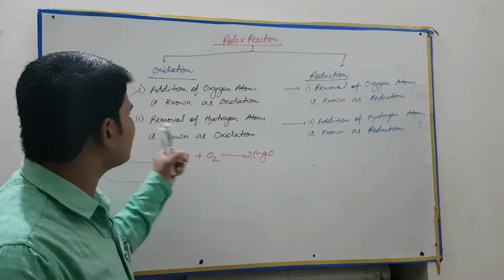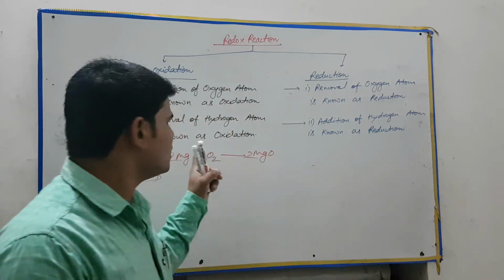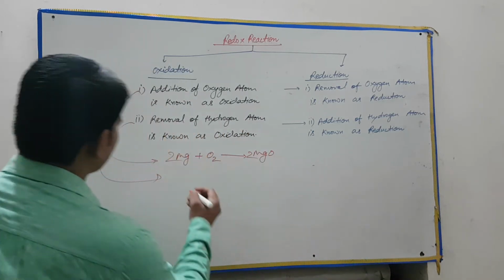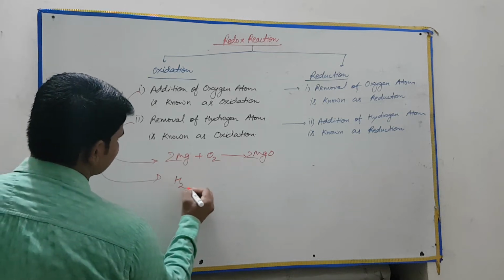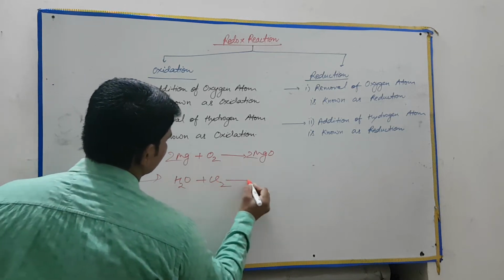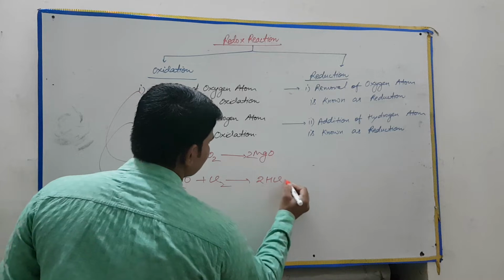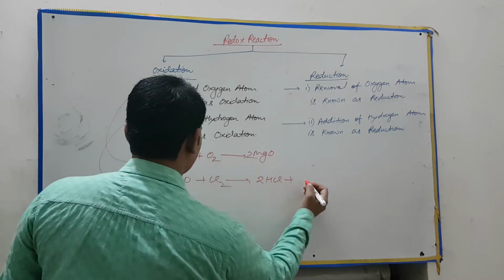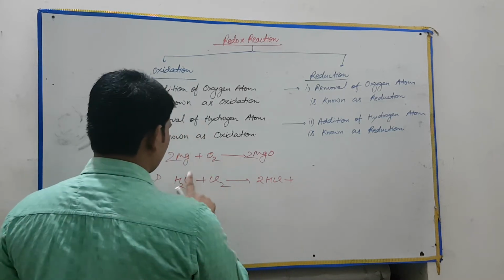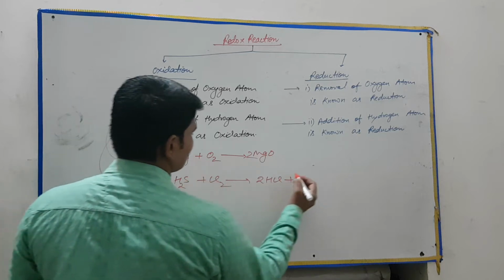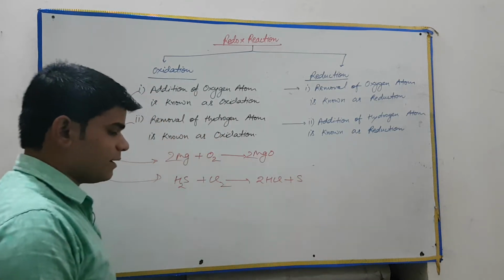Another point is that removal of hydrogen atom is oxidation, for example H2S plus Cl2, which gives simply sulfur.